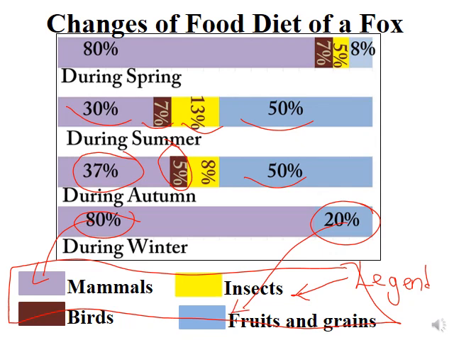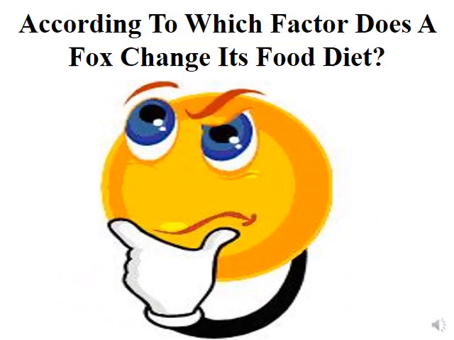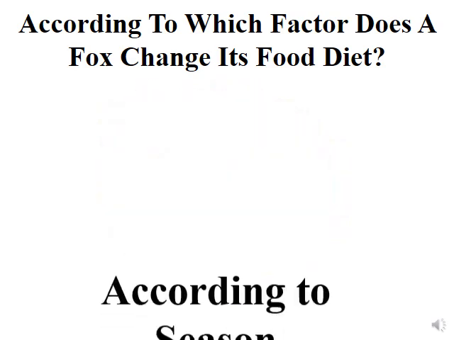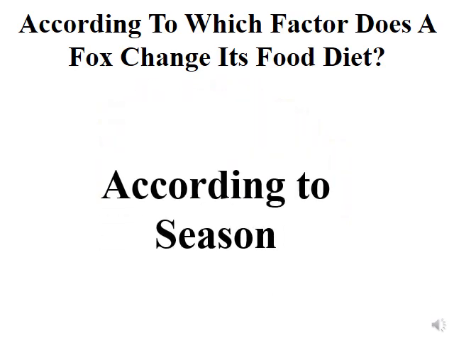According to which factor does the food diet of the fox change? It changes according to the season. And to be more specific, it changes according to the availability of the food.